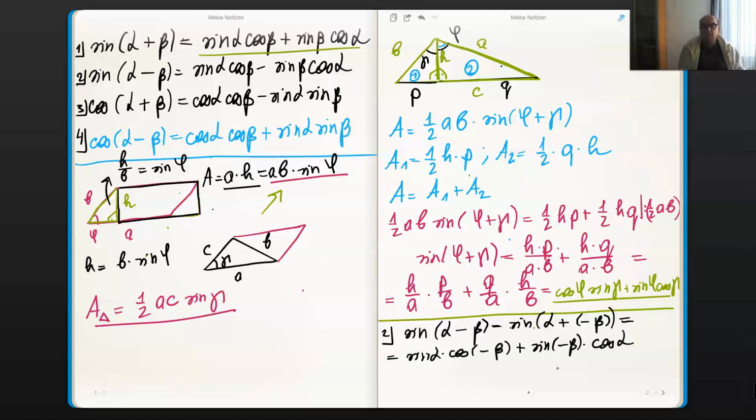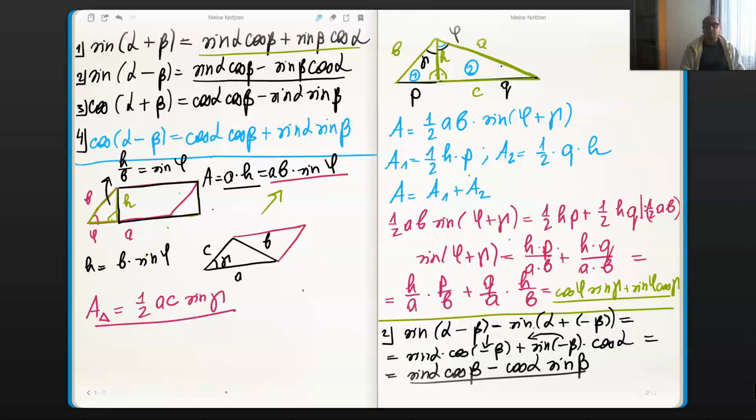So cosine is killing the minus inside and the sine is putting it through. So we have sine alpha cosine beta, no changes here because the minus is gone since cosine is even. But this minus is shooting in front, so we have minus cosine alpha and sine beta. And now you see this is exactly formula number 2, which we wanted to prove.